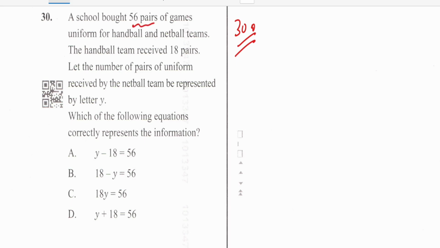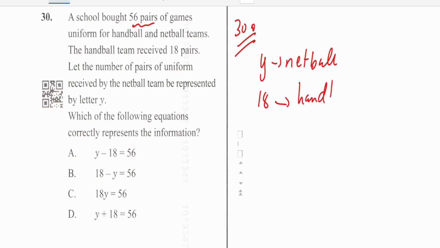Let the number of pairs of uniform received by the netball team be represented by letter Y. Which of the following equations represents the information? Now, you don't know the netball team's number, but the easiest way is to take Y, that's the netball team, and add it to the 18 pairs for the handball team.